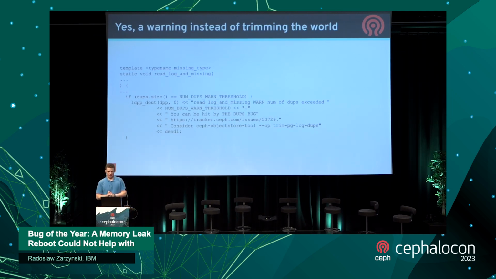And if the problem is painful enough to result in OSD slowness, I think every reasonable operator will check the logs, see the entry and the hint to switch to offline trimming. Terrible thing, but interesting. Thank you very much.